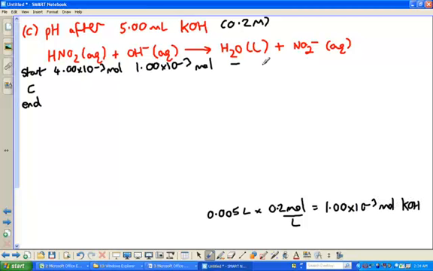Of course, the water is nothing, and initially I've got nothing in terms of the NO2 minus because nothing's happened yet. Now, when I look at my change, this is going to react with this. Obviously, this one's present in a smaller amount, so it's all going to get used up. So all of that is going to disappear. Because of the 1-to-1 ratio here, the same amount of my acid is going to be used up.